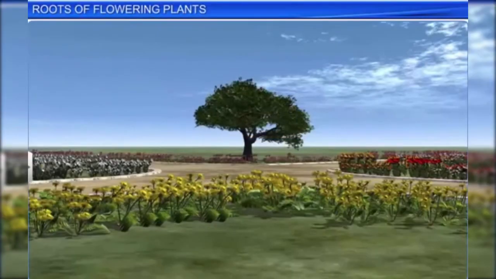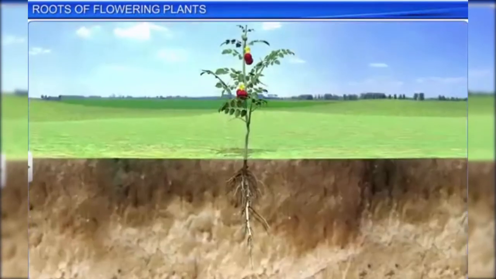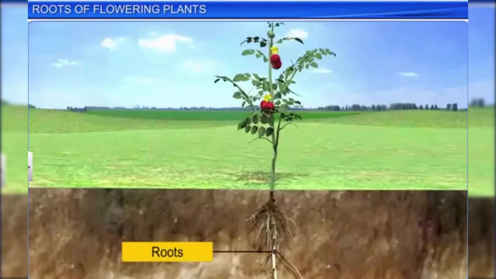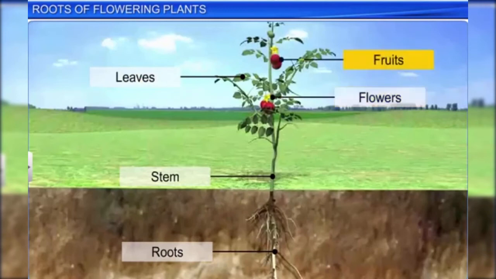Flowering plants or angiosperms are one of the most diverse groups of plants found on our planet. Although there are variations in their external structure or morphology, all of them are characterized by the presence of roots, stems, leaves, flowers and fruits.